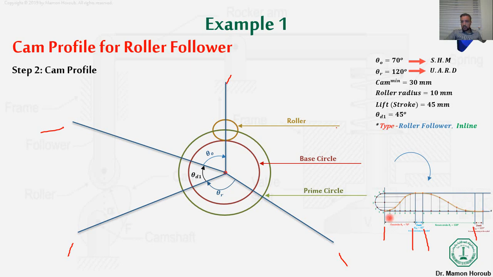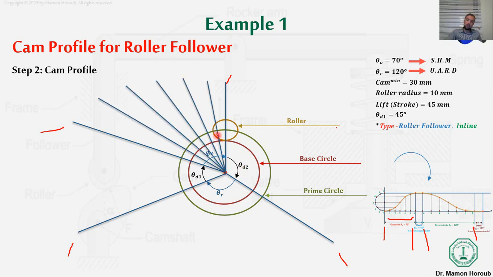Here we divided the displacement diagram into 6 pieces. Now we need to divide the 70 degrees into 6 pieces as well. The last angle, by the way, is the second dwell. So now we will draw 6 lines, as we said in the displacement diagram, dividing the 70 degrees into 6 pieces.